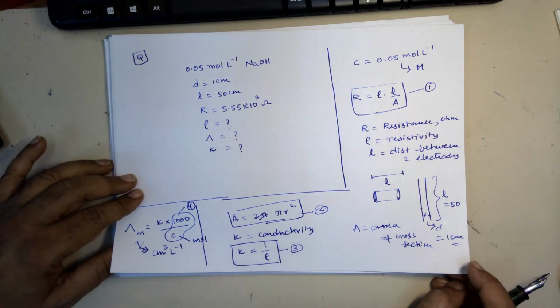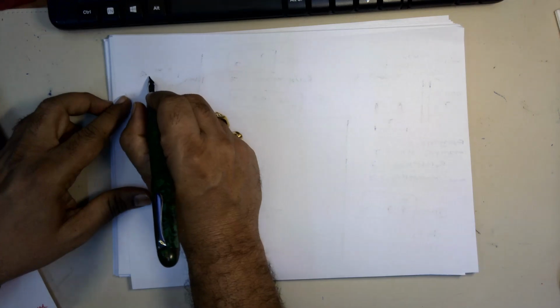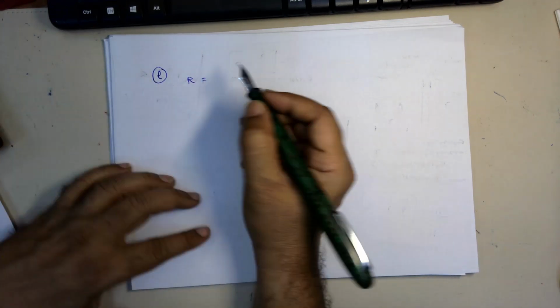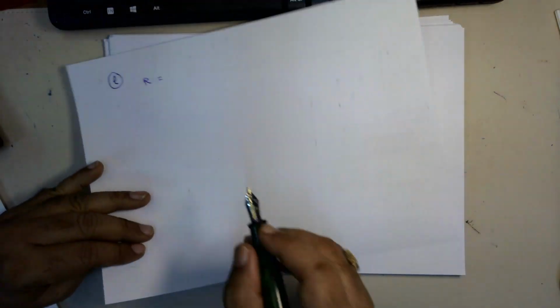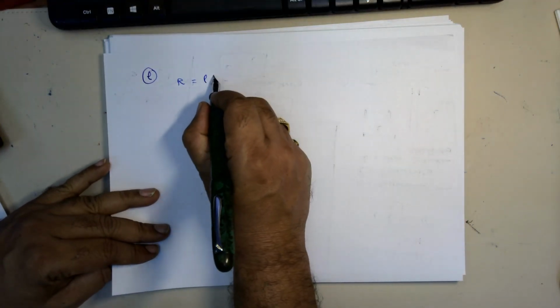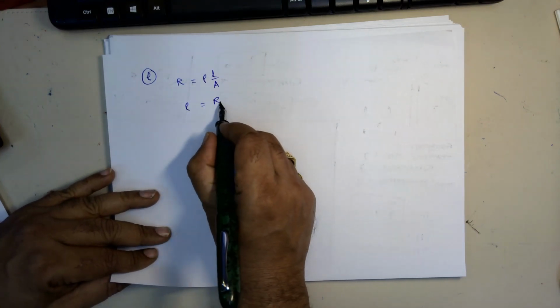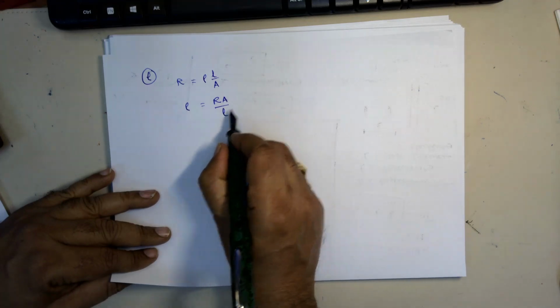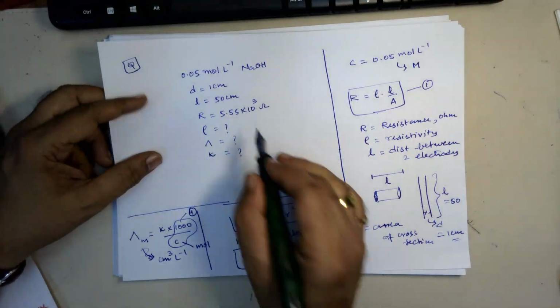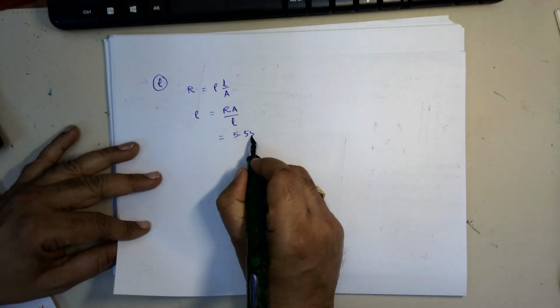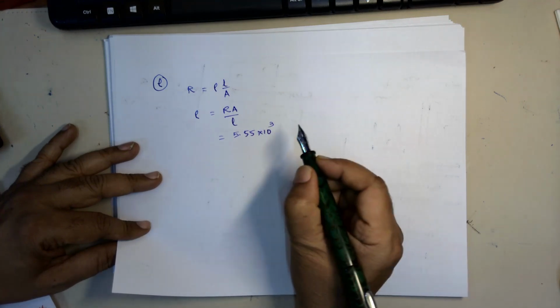So let us take up the first one, rho. What is the original equation? R is equal to rho into L by A. Our objective is to find rho, so it is R A by L. That is equal to, what is R here? 5.55 into 10 cube ohm.